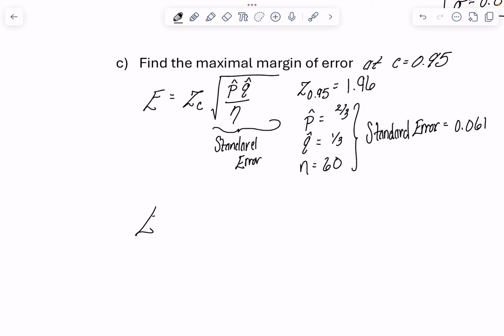So our maximal margin of error is going to be 1.96 multiplied by that value that we found in B. This should be equal to, let's calculate it, 1.96 times 0.061, 0.11956.